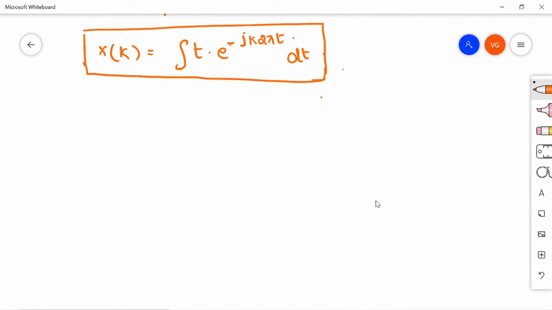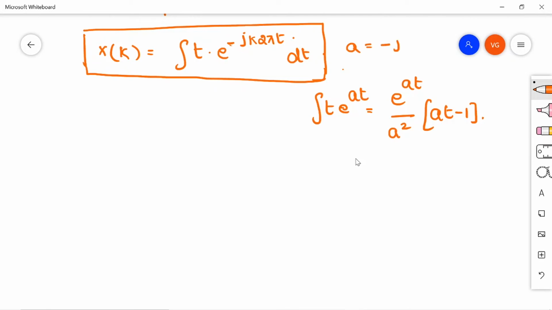We have an integration formula. Integral t e power at is given by e power at divided by a square into (at minus 1). So if you compare this with the standard form, t e power minus j k 2 pi t, here I have e power at. So if you compare, a is nothing but minus j 2 pi k, right? In place of t I have t. So the remaining whatever I have in the power, that is nothing but a.